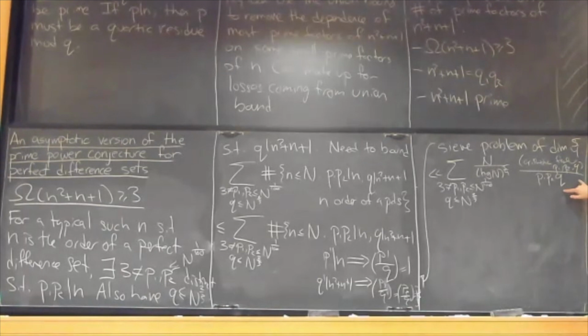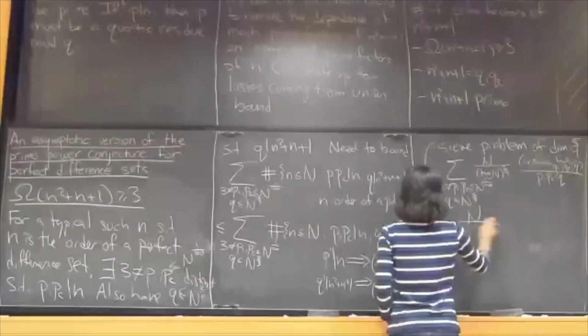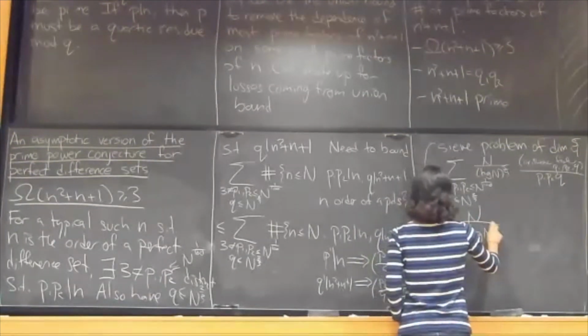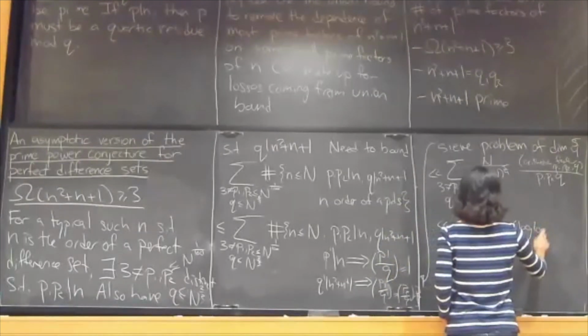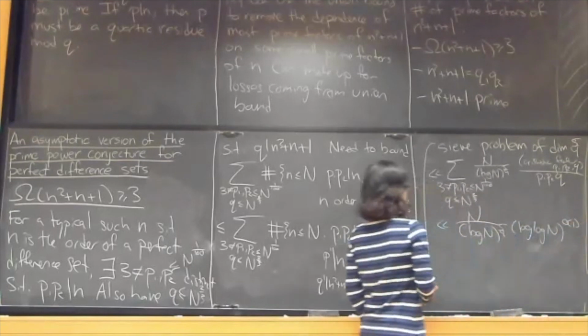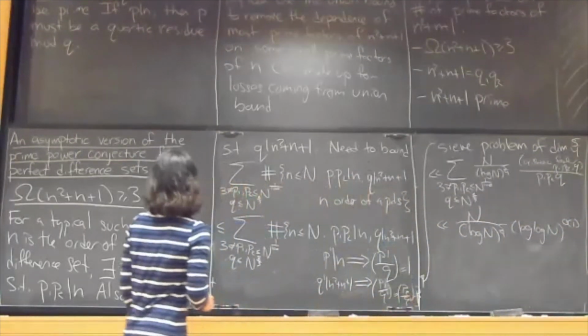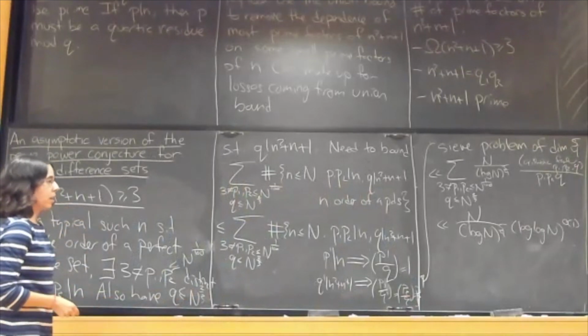So we only lose some bounded power of log by summing. So this ends up being n over n to the 5/4 times some logs. So that's how the situation when n squared plus n plus 1 has at least 3 prime factors goes. It's really straightforward.